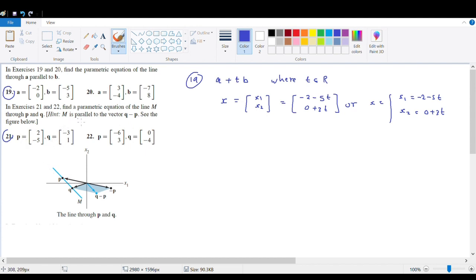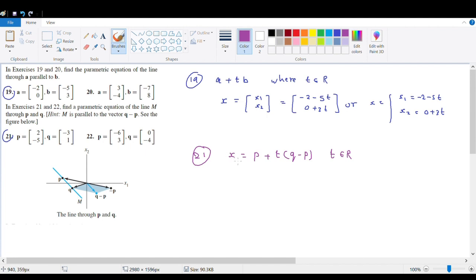We know that the line through p and parallel to q - p is written as x = p + t(q - p), where t is a scalar. This is the equation of this form.